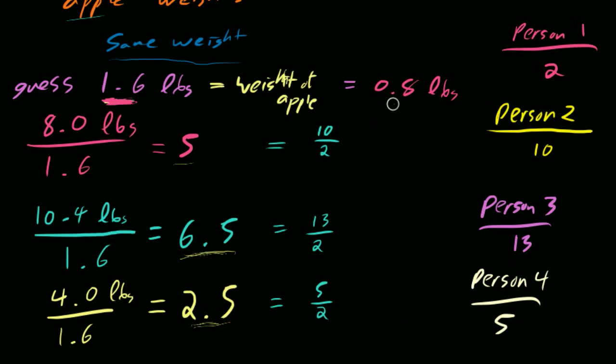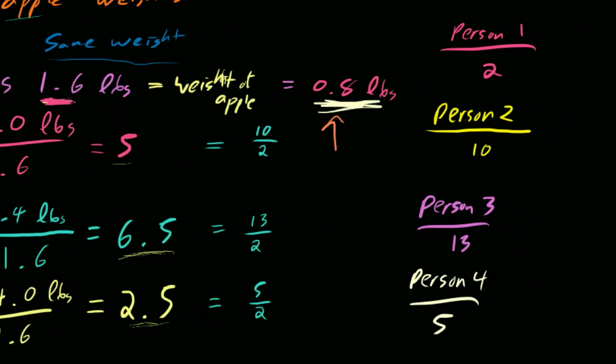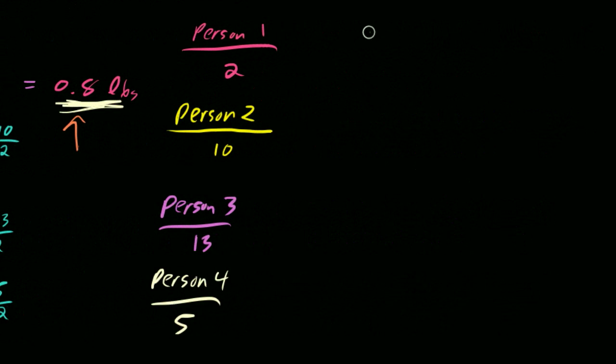So now, with our second guess being that an apple weighs 0.8 pounds, we've got all whole numbers for how many apples each person could have picked. So this is going to be the weight of one apple. An apple could actually weigh less than this.